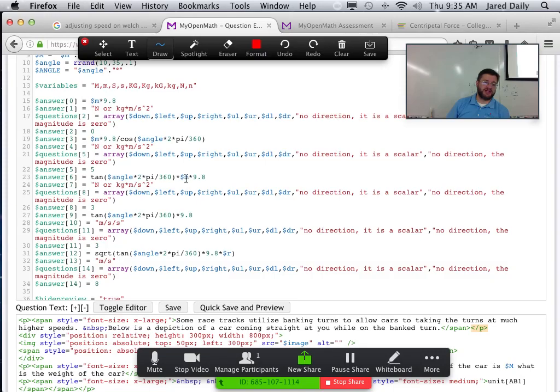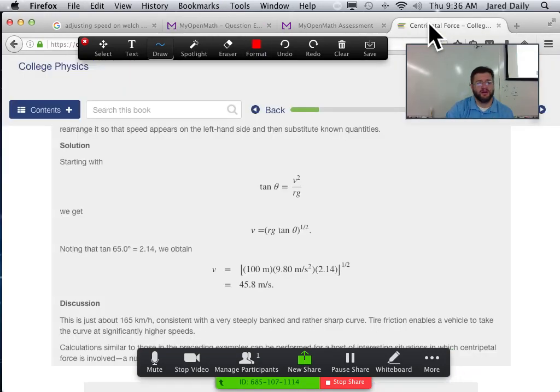But the next part of the question is asking what is the centripetal force then? And at this point, this is actually where we can use this equation right here.